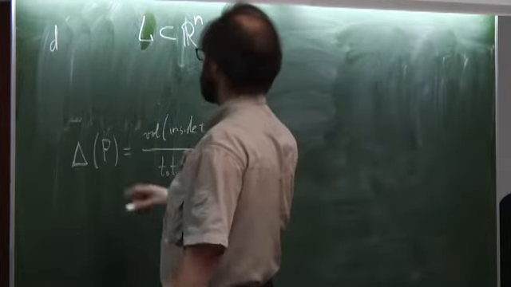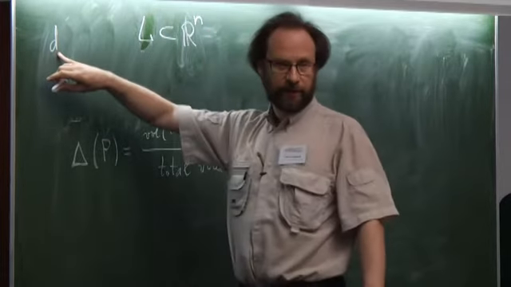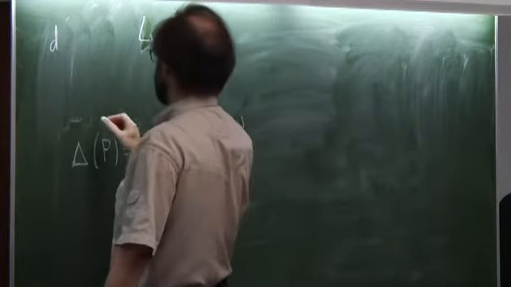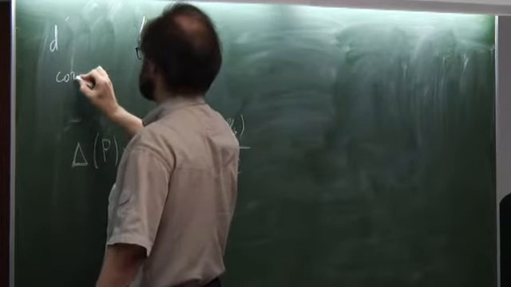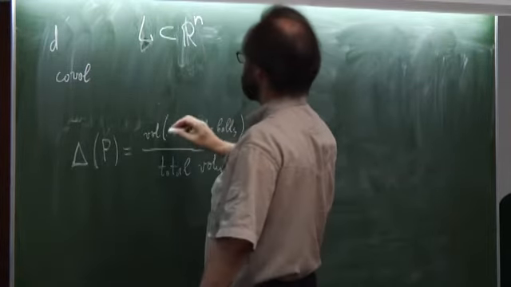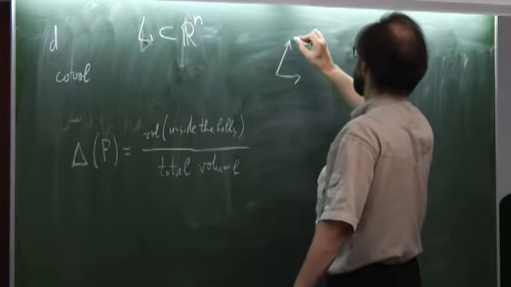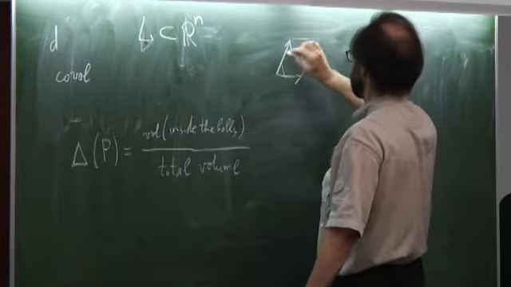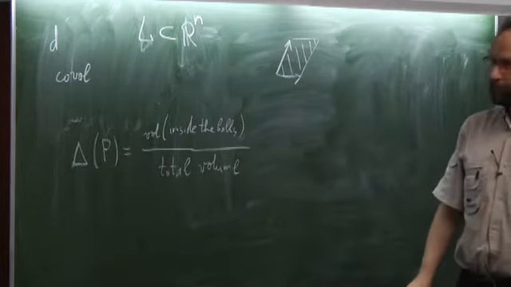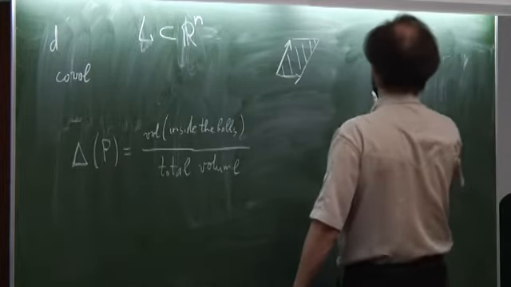Then it has two parameters: the length of the minimal vector that I call d, and the covolume, which is the volume of the fundamental domain. If this is a lattice, you take the fundamental domain, and the volume of this fundamental domain is the covolume of the lattice. This is something regular.